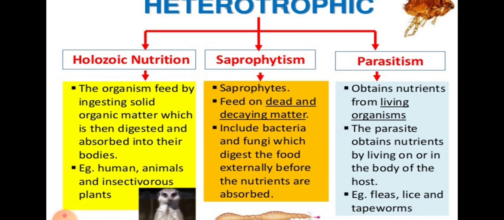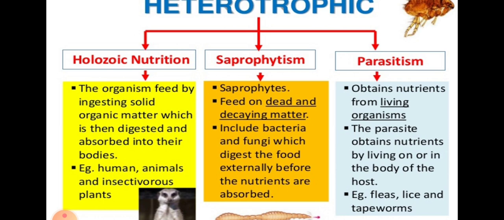Okay, this is about holozoic nutrition. Next is saprophytism or saprophytes. They eat dead and decaying matter or dead and decaying organisms, including bacteria and fungi, which digest the food externally before the nutrients are absorbed.